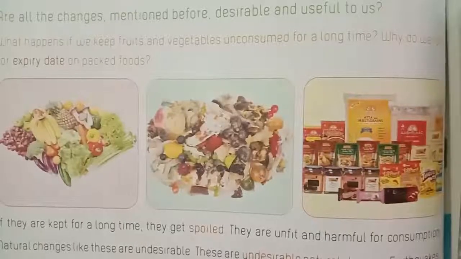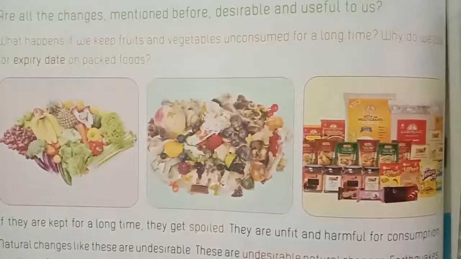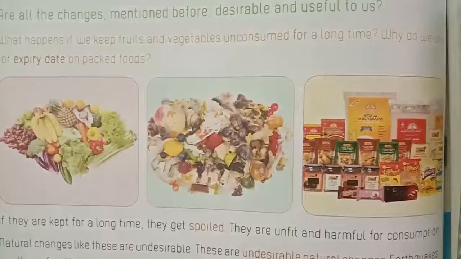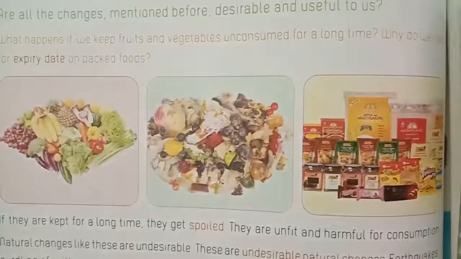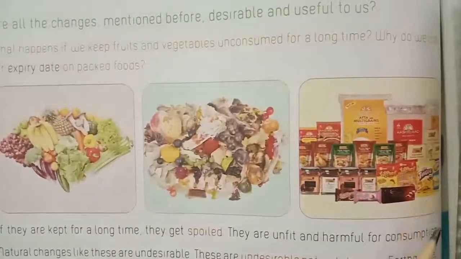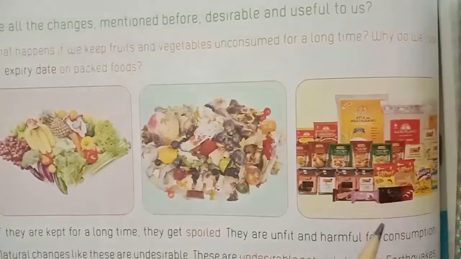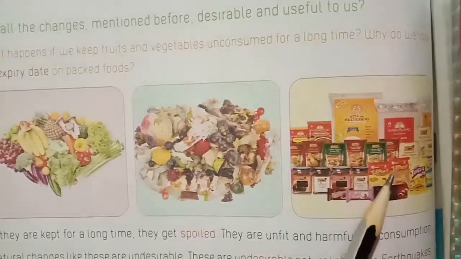Children, are all the changes mentioned before desirable and useful to us? What happens if we keep fruits and vegetables unconsumed for a long time? Why do we look for the expiry date on packed foods?